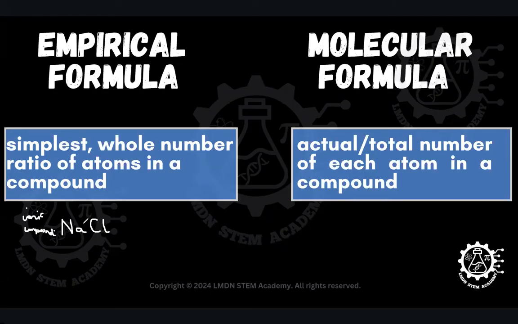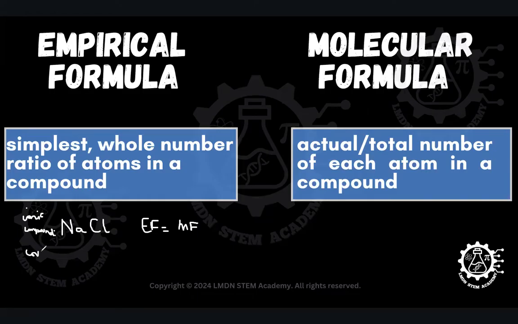We can see here that that's the simplest whole number ratio of sodium to chlorine. And so what we will find is that for ionic compounds, the empirical formula and the molecular formula are exactly the same. This is the lowest that the number of atoms can be, and that is the formula that we deduce normally. All right, so that's an ionic compound there.